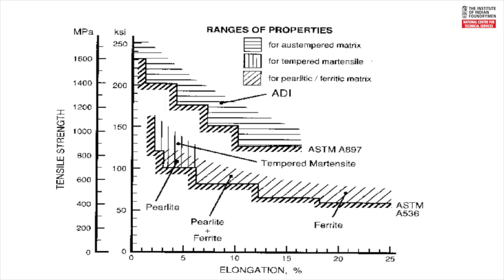But down below here, you see ferritic ductile iron giving you higher elongation, and tensile strengths in megapascals here. As you move towards a ferrite and pearlite combination, the ductility, the elongation, has dropped, but the strength has gone up.